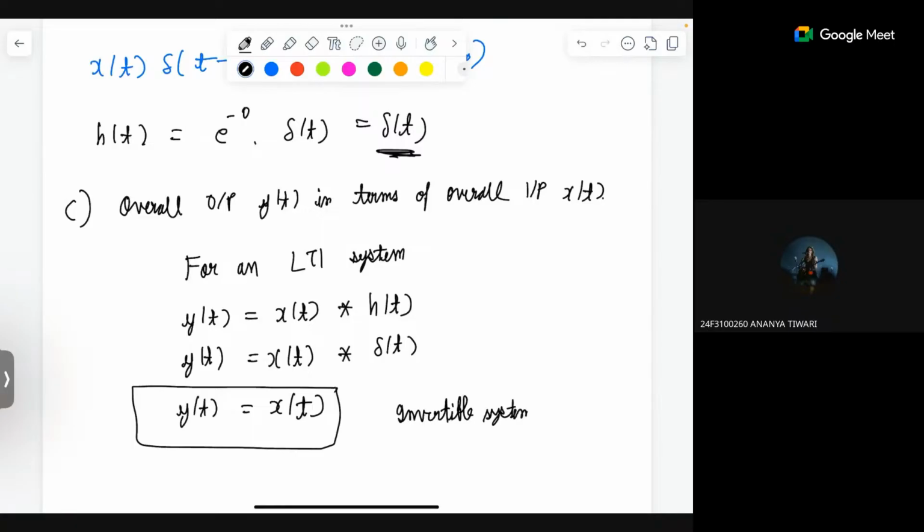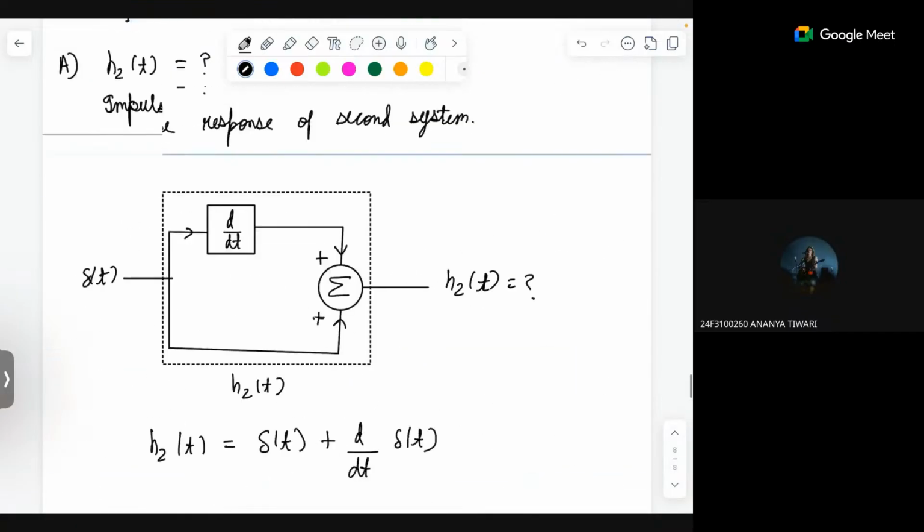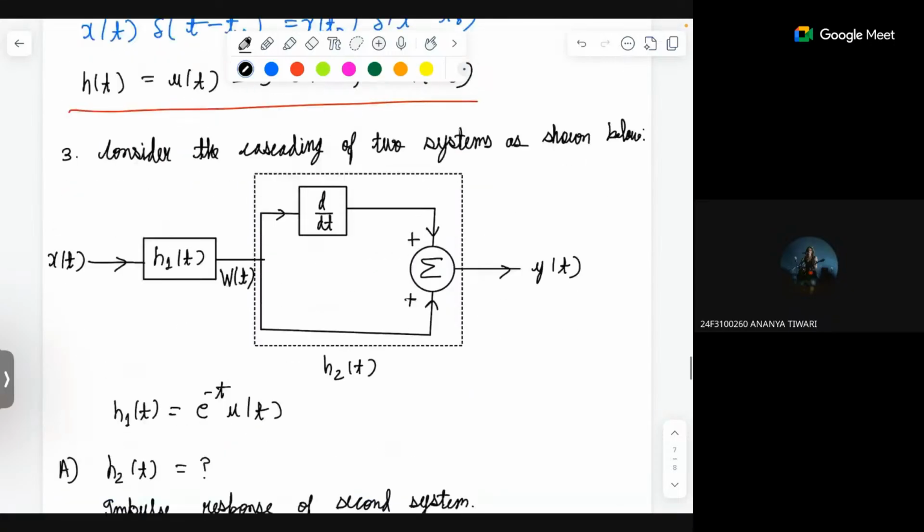Ma'am, when will we say invertible system, when x of t would be equal to y of t? Actually, here we had h1 of t, and the second system was h2 of t.